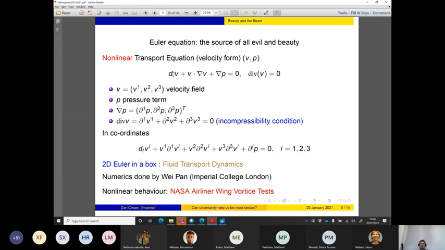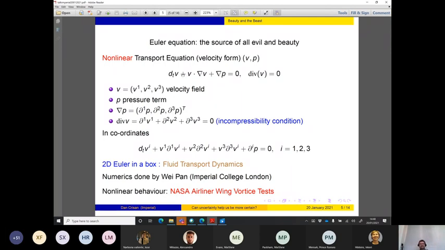And the point is, once you understand what to do and the difficulty of this equation, transferring to more general equations is not very easy, but it's possible. So for any budding mathematician out there who wants to start studying fluid dynamics, the Euler equation is the starting point.